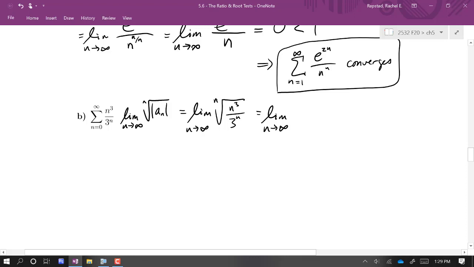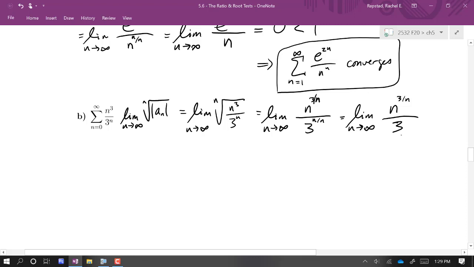So I've got basically the nth root of n cubed over the nth root of 3 to the n, and doing the algebra, we get n raised to the 3 over n, over 3 raised to the n over n. So we have the limit as n approaches infinity of n to the 3 over n, divided by 3.